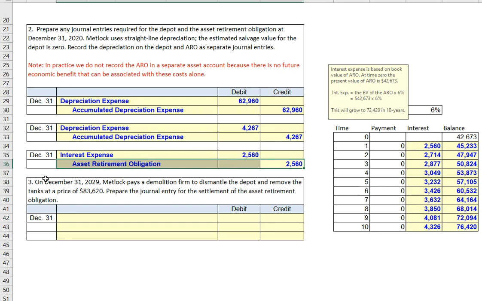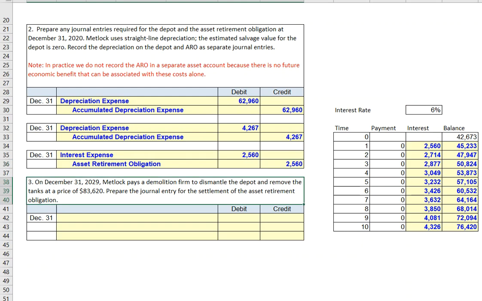Next, we're told that on December 31st, 2029, METLOC pays a demolition firm to dismantle the depot and remove the tanks at a price of $83,620, which is a bit more than we had anticipated. So we've got a loss on our retirement, which really is our plug that we would want to calculate last.